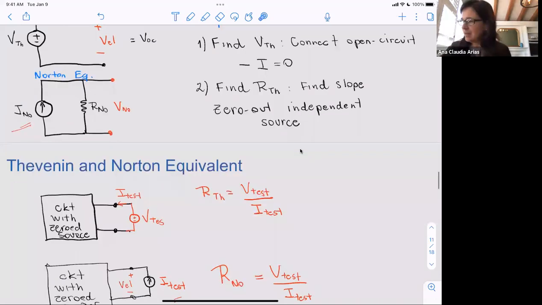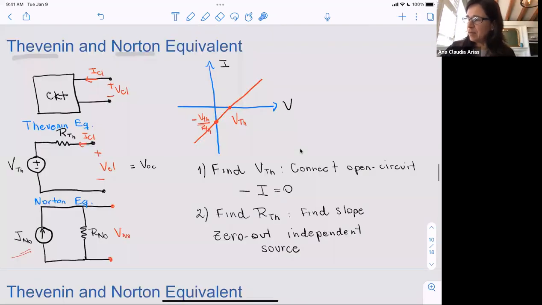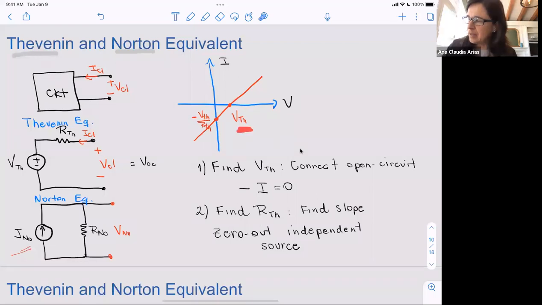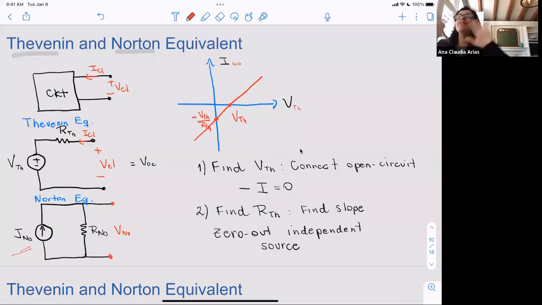The answer. Well, if we use this test, they are both V test over I test, and they have to be the same because we're saying they are the equivalent circuit. Why? Because they're going to have the same IV curve. So here I'll have V Thevenin, and then here I'll have I Norton. Beautiful, huh? Gorgeous. I think so.